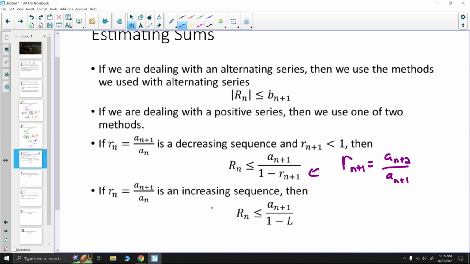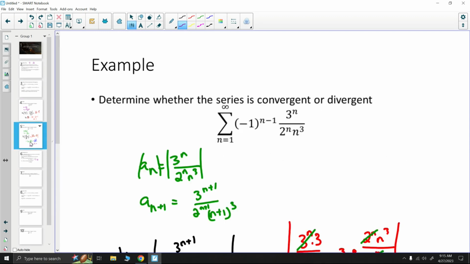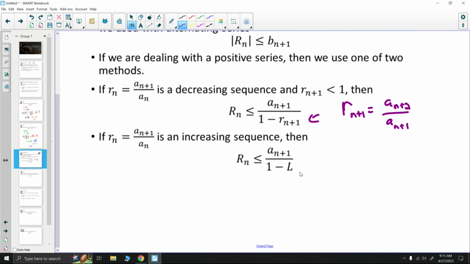That's all that is. Okay, and if our ratio here is an increasing sequence, then r sub n is less than or equal to a sub n plus 1 over 1 minus L, where L, if we go back here, was the limit as n approaches infinity of a sub n plus 1 over a sub n.